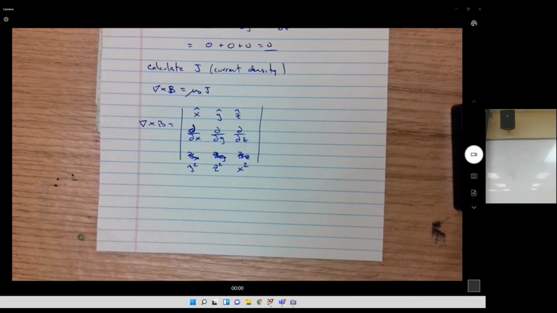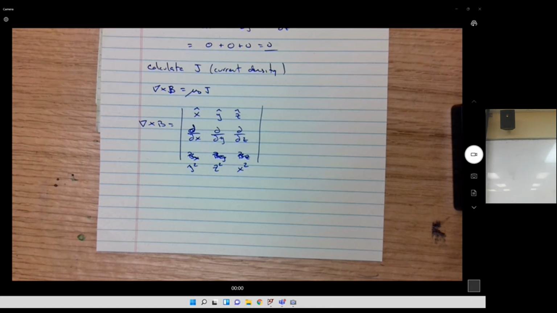Something like the order in which you do it. I just have to look it up every single time. So the way I do it is, you're going to do the x component, you cover the column and the row. So you're not going to have those four terms. These two are going to multiply, minus this term. And then for the next column, the one has a negative sign.